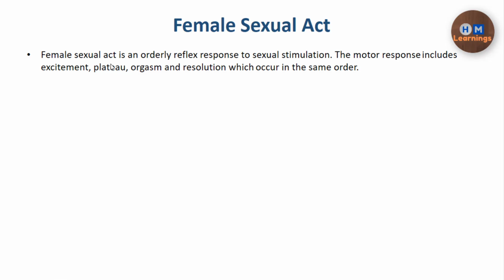The plateau response acts as a stimulation for the orgasm, then the orgasm acts as a stimulus for the resolution. So one motor response acts as a stimulation for the next, and this happens in an order. That is the female sexual act. The same thing happens in the male sexual act, which involves erection, emission and ejaculation, also occurring in order.